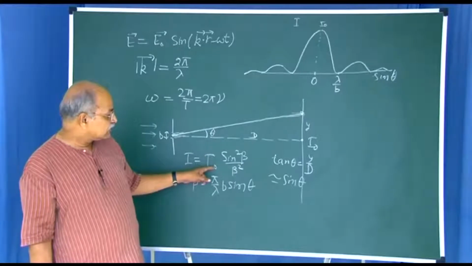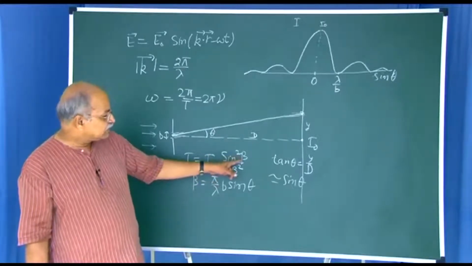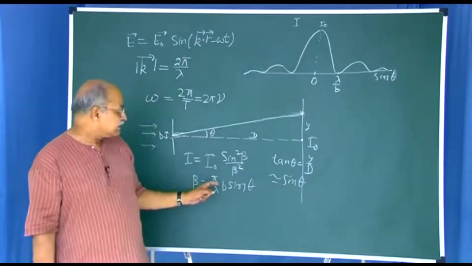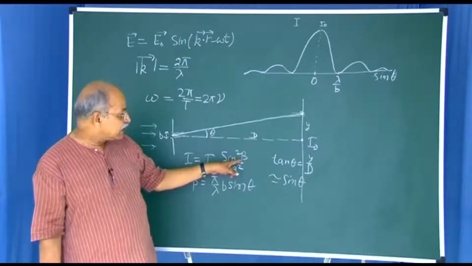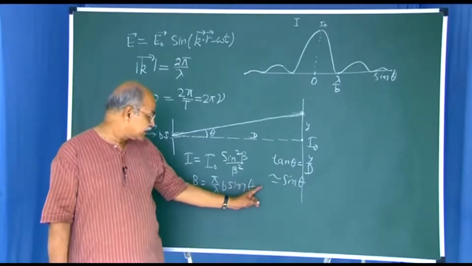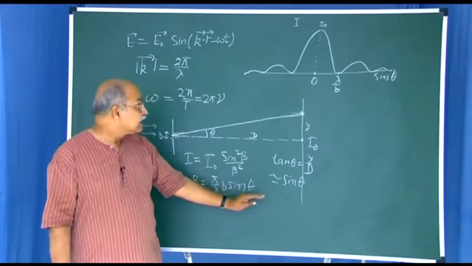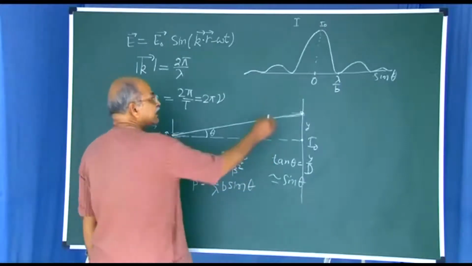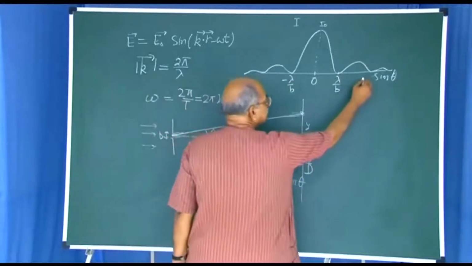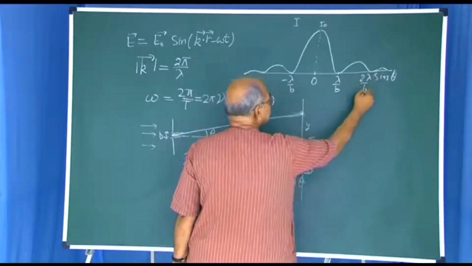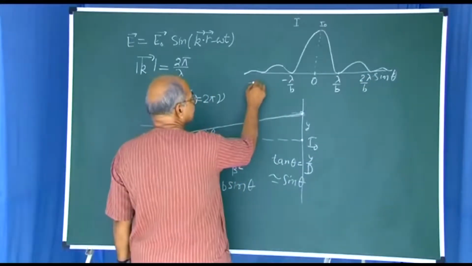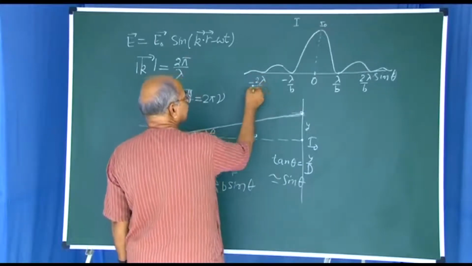So I is equal to I naught when beta is 0, and beta is 0 when theta is 0. Then when beta is pi, sine of pi is 0, so sine theta is equal to lambda by b. On this side it is minus lambda by b, then this is 2 lambda by b when sine of 2 pi is 0. So beta is 2 pi, and so on, minus 2 lambda by b, and so on.